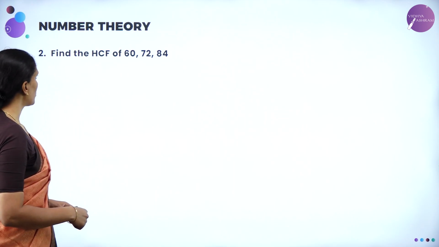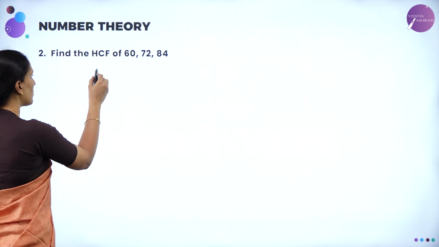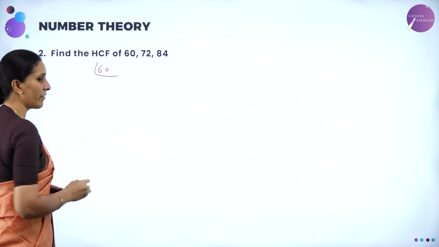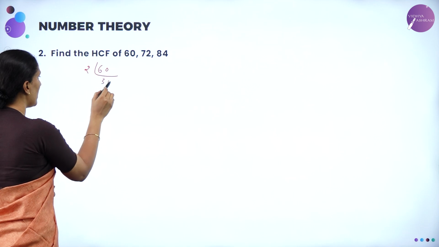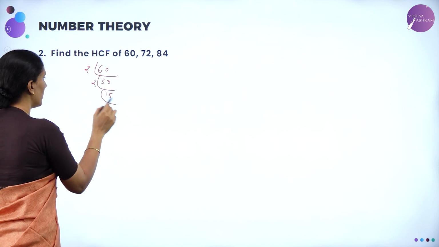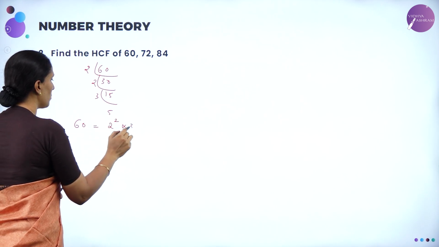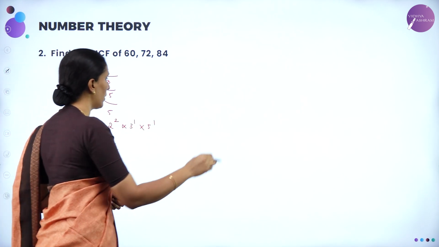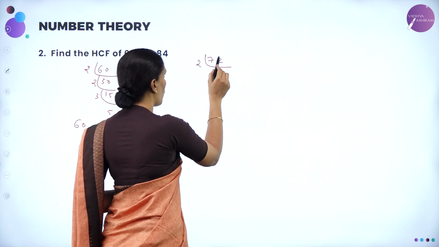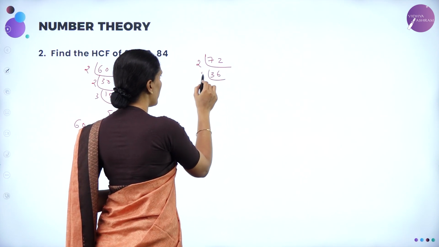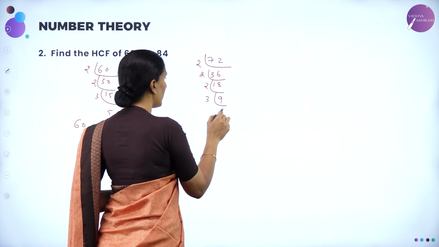Next question. Find the HCF of 60, 72 and 84. So let us write 60 in terms of prime factorization, that is the canonical representation of 60. So 2 30s are, 2 15s are, 3 5s are. So 60 can be written as 2 square into 3 power 1 into 5 power 1. Next we'll take 72. 2 36s are 72, 2 18s are 36, 2 9s are 18, 3 3s are 9.